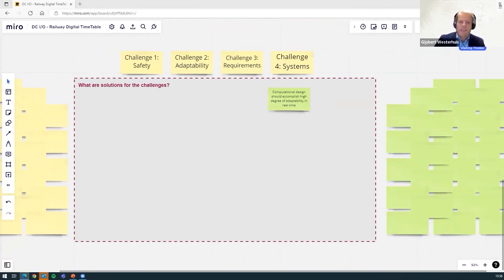All right, let us again look into the solutions for these challenges. What can computational design provide in this case to the Dutch railway sector?